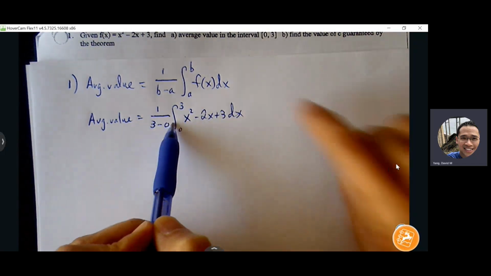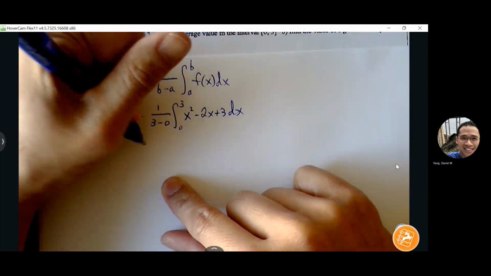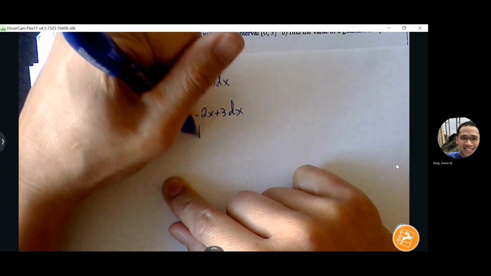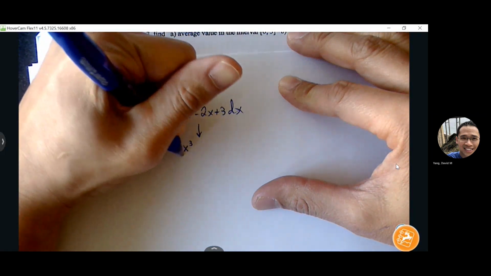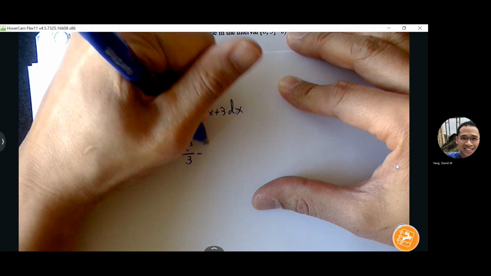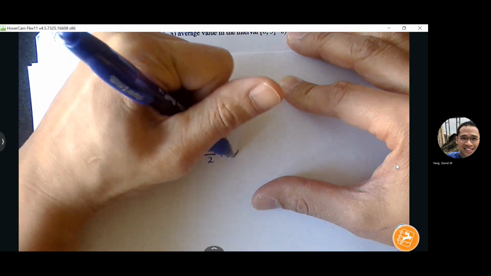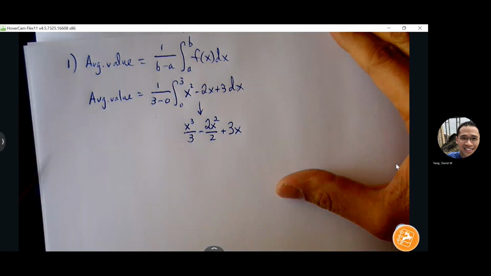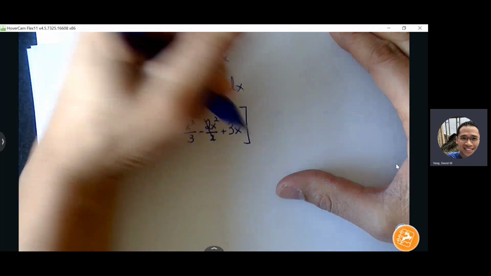Once we get this integral and dx resolved, then we can work in the 3. We apply power rule. We know the 2's cancel out, and now we're ready for the 0 and 3.